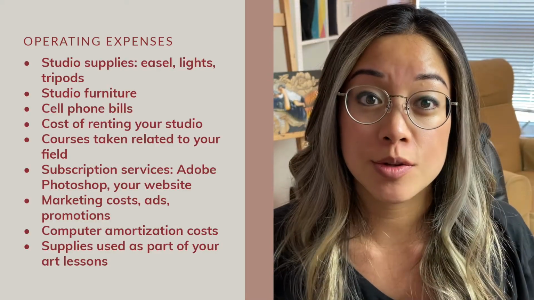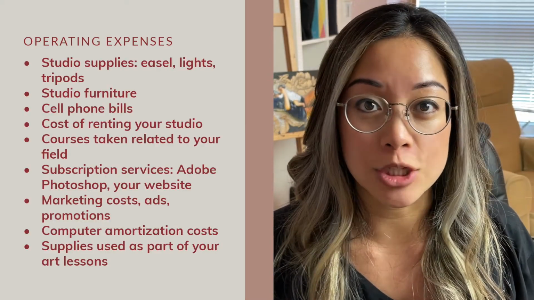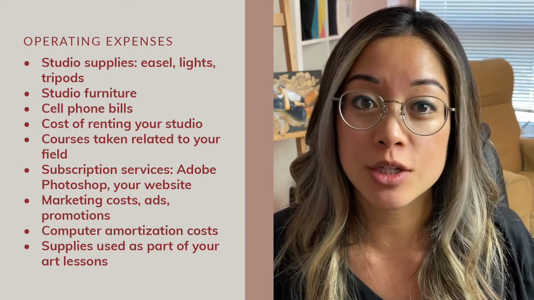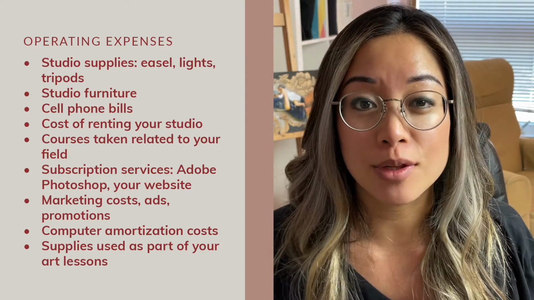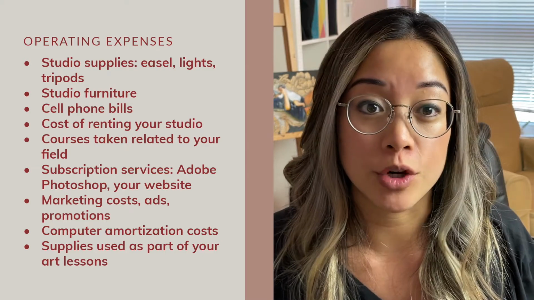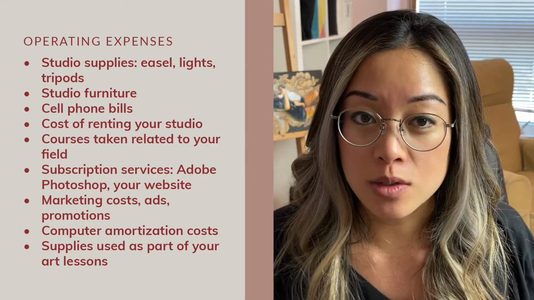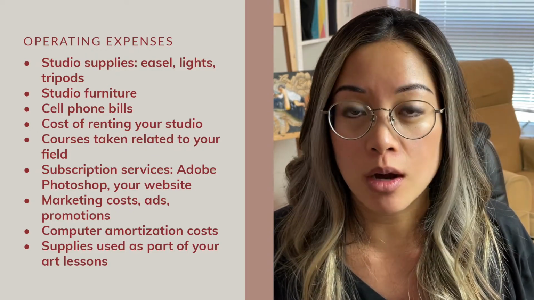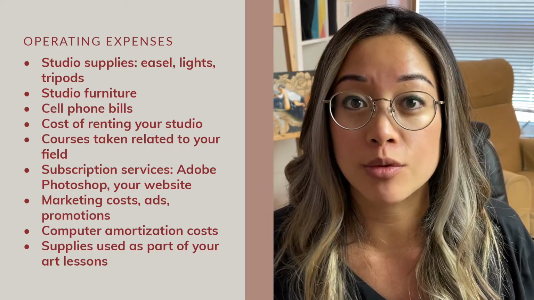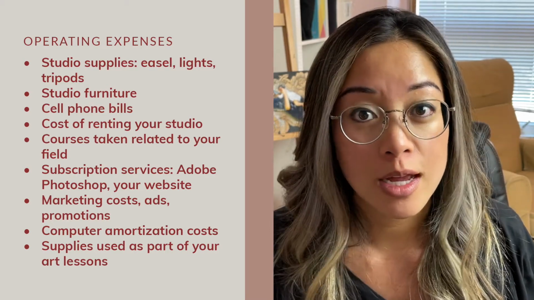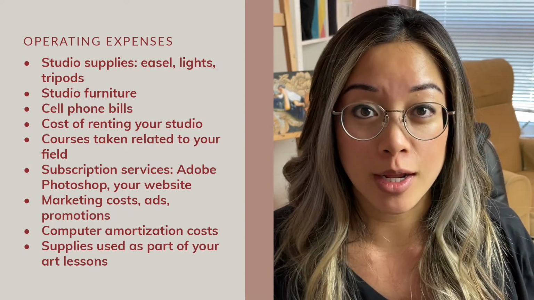Some examples of operating expenses include studio supplies like easels, lights, and tripods, studio furniture, cell phone bills, costs of renting your studio, courses taken related to your field, and even subscription services like Photoshop or for your website, and marketing costs as well for ads and promotions, and computer and equipment amortization costs if you have a laptop, computer, or a printer, and also supplies that were used as part of your art lessons. These can all be included as operating expenses.